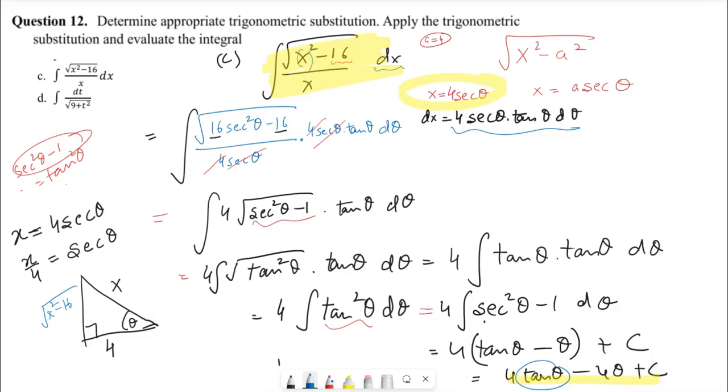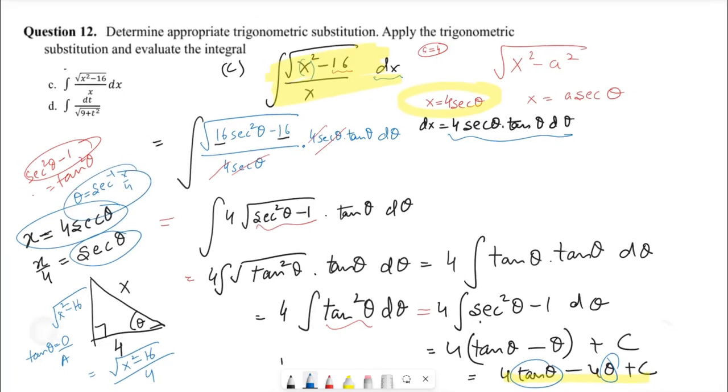We want to find tangent theta. Tangent theta is equal to opposite by adjacent, so therefore the square root of x squared minus 16, divided by 4. And theta can be written as secant inverse of x by 4.